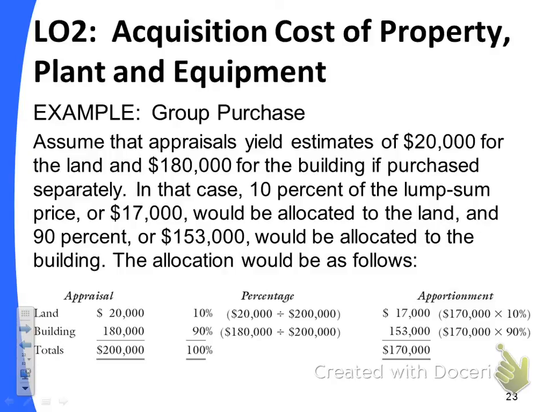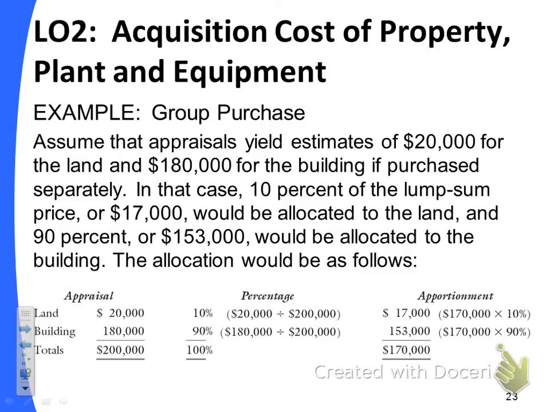So, okay, if my appraisal were $20,000 and $180,000, the total cost would be $200,000. That means $20,000 represents 10% of the total, and $180,000 represents 90% of the total. If I just spent $170,000, I would then break out my $170,000 into 10% for my land and 90% for my building, using that same allocation, or apportionment, if you will.